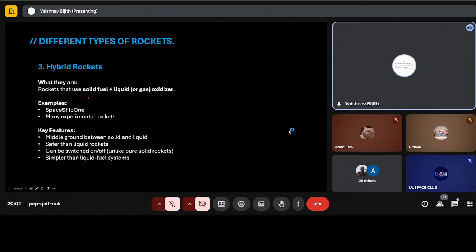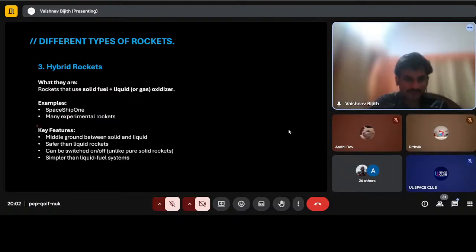The advantage of a hybrid rocket is that it's a middle ground between solid and liquid. It's safer and also cheaper than the solid and liquid fuel rockets. But it's not used for very important missions. These are mostly used for experimental missions.